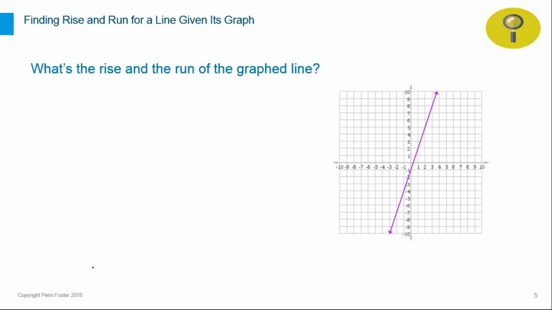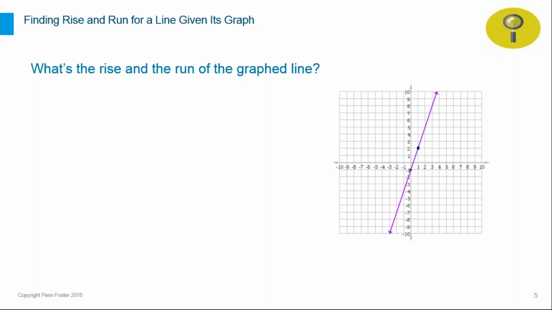So let's determine or plot any 2 easy points on the graph. One easy point I see is this point here. And another point we are able to use is this point. Now, to go from this point to this point, what would be the rise and the run?